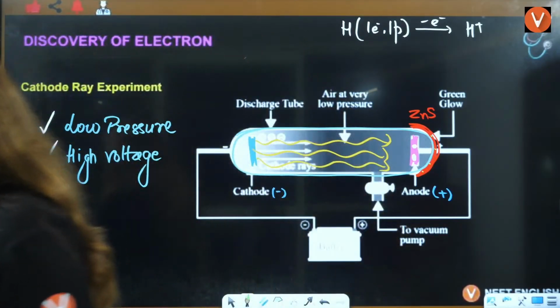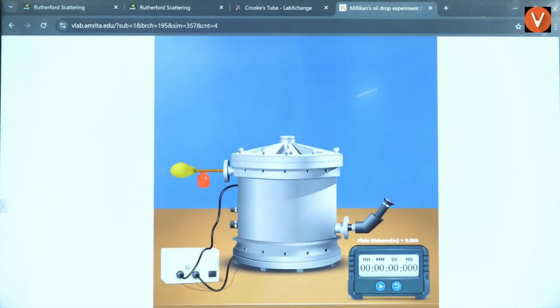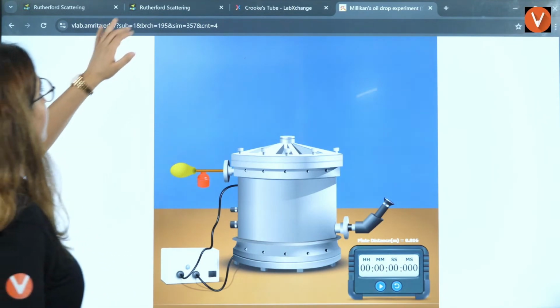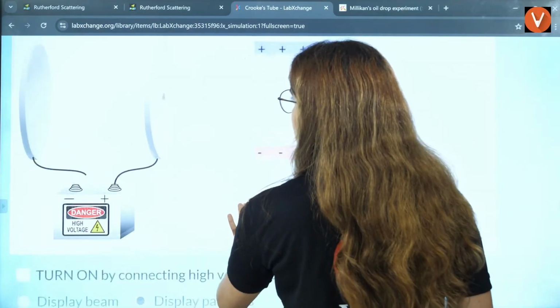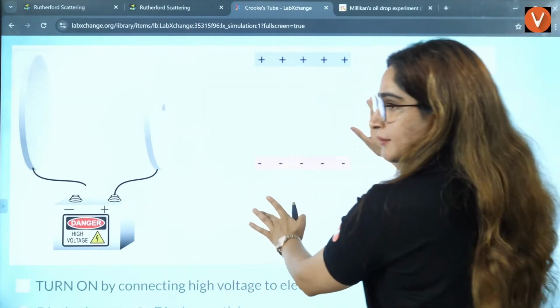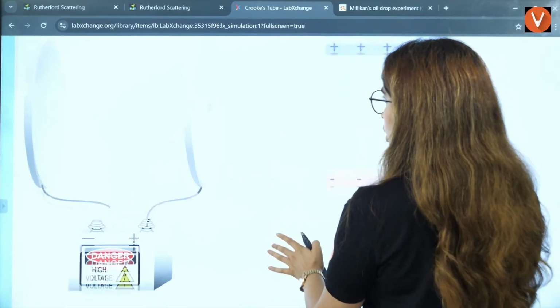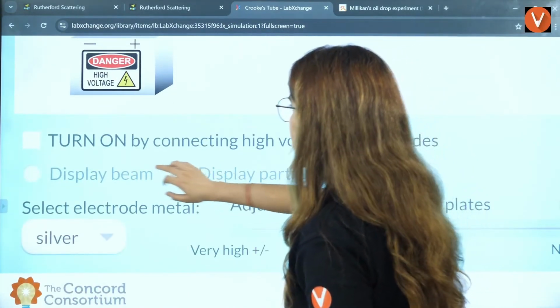So I'll show you a very near simulation of this. Not exact, but kind of near, so that you're able to understand what is happening here, right? Let me see if you're able to see this or not. Things are very blurry.